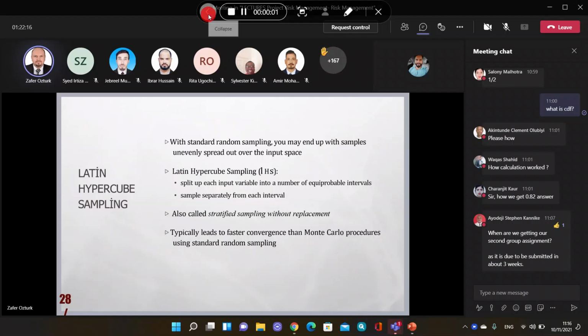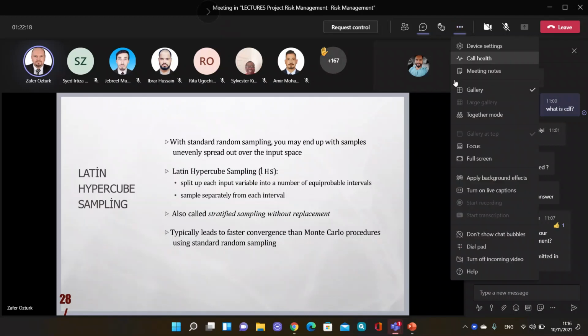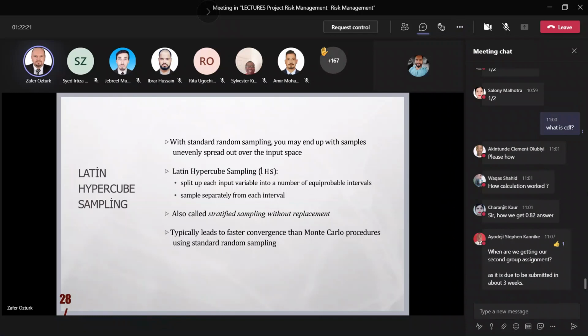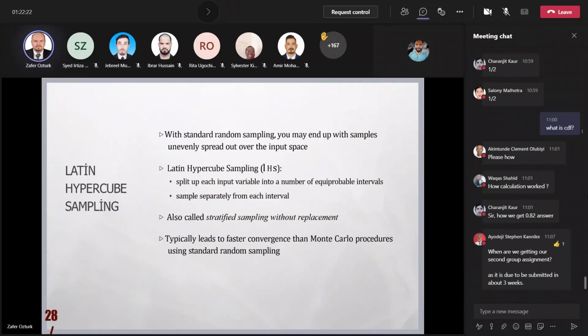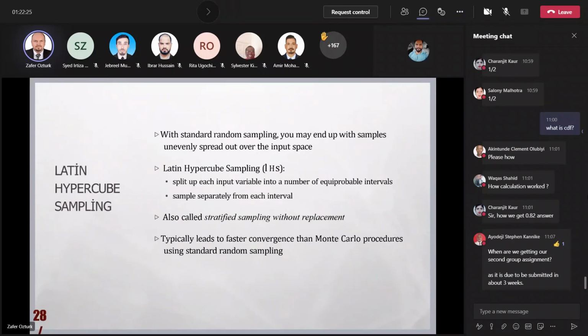Likelihood is 30%, and so on and so forth. And then we sample separately from each interval. So basically, we just pick some samples from, let's say, the universe of events that are likely to happen at 10% only.